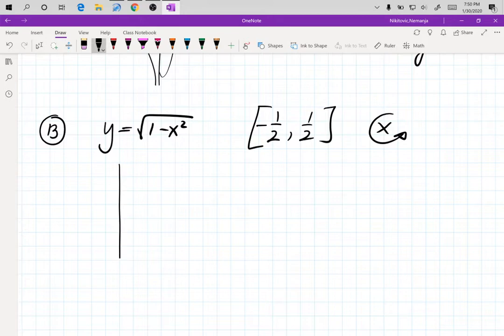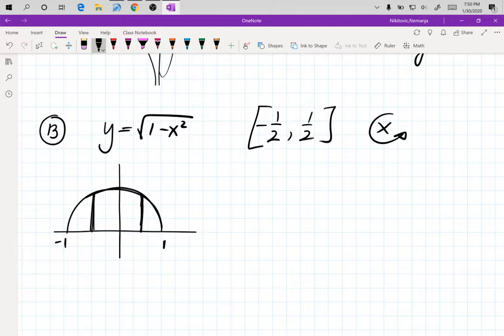So when I draw this, I draw the upper half of a circle, but that's from -1 to 1. They care only about the piece that goes from negative half to positive half, and they're going to rotate that on the x-axis.